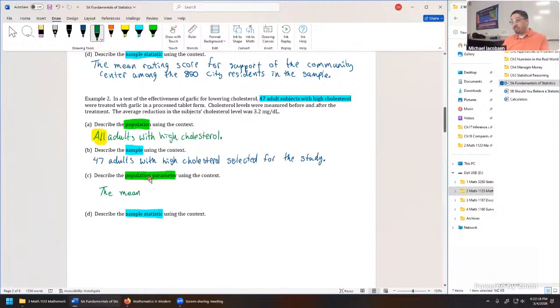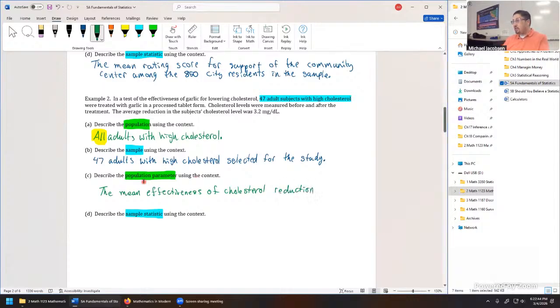That's a great way to specify this parameter. So we'll say the mean effectiveness, and by effectiveness, we mean reducing cholesterol. So mean effectiveness of cholesterol reduction.